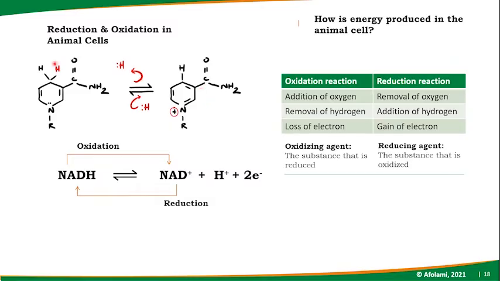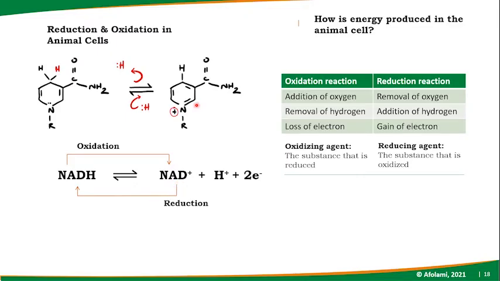Now, we can see exactly how NADH loses this hydrogen when converted to NAD plus, and why we say that in the process it is oxidized. So during oxidation from NADH to NAD plus, the hydrogen here is lost, as you can see here, and it becomes oxidized to NAD plus.